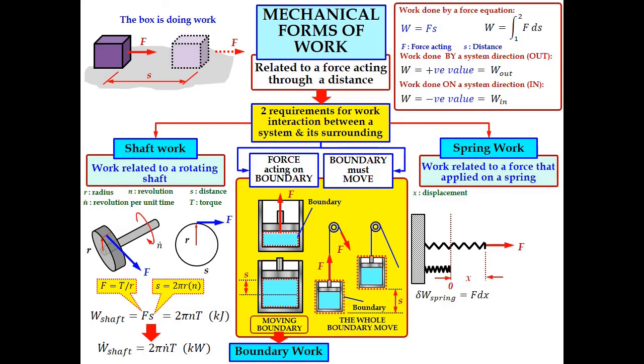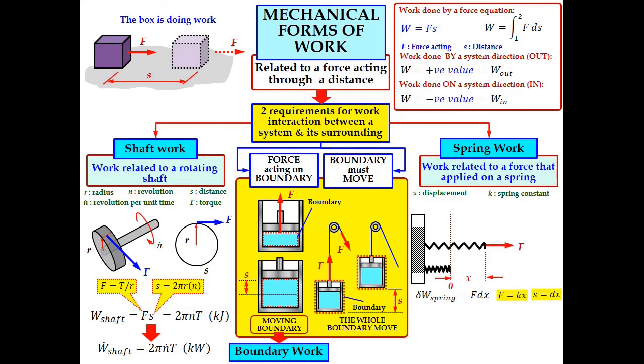F stands for force, x stands for displacement. So the force acting on the spring is equal to K multiplied by x. K is the spring constant and x is the displacement of the spring.